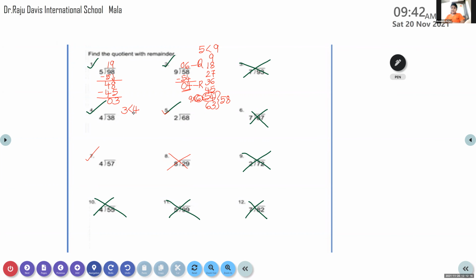If the dividend is smaller, what is to be done? Put a 0 on the top of that 3 and take two numbers together. The next step is to find out whether 38 is there in the table of 4 or not. 1 into 4, 4. 8, 12, 16, 20, 24, 28, 32, 36.